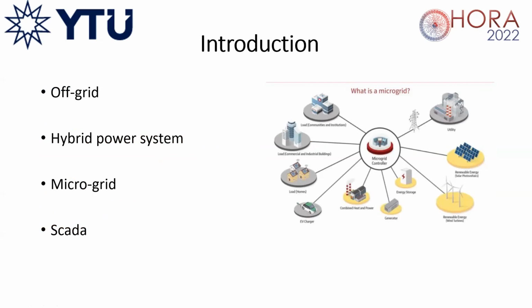Let's talk about microgrids. A microgrid is an energy grid that has a limited area consisting of distributed energy sources, batteries, and loads. On the other hand, SCADA means supervisory control and data acquisition. As the name suggests, it is a set of systems in which you can observe and control an energy system.